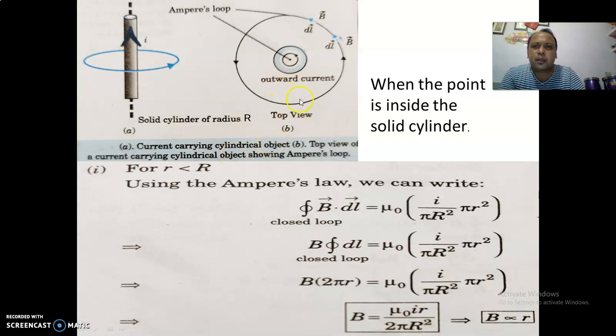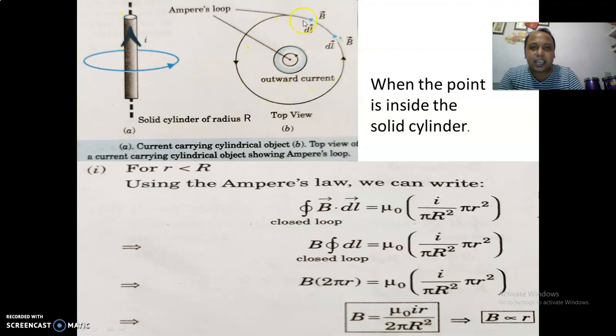Now the current I is distributed uniformly throughout the area here. The cross-sectional area of the cylinder will be given by pi R square, with capital R. The current I is distributed uniformly, and the current I is in the upward direction.